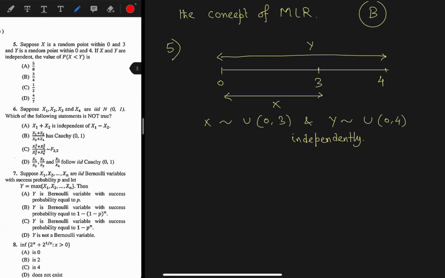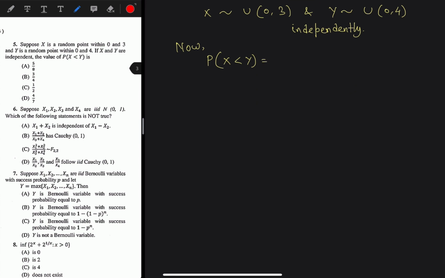Okay, now we have to find the probability of capital X less than Y. Now if we see graphically, let's say this is our y axis and this is our x axis, and the first quantity is defined from 0 to 3, and the second variable is defined on 0 to 4.